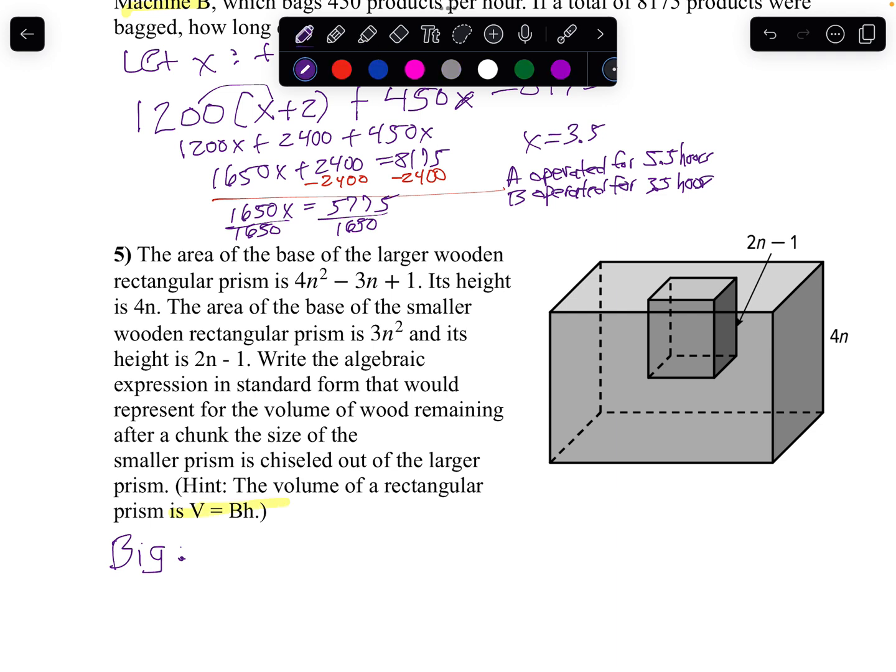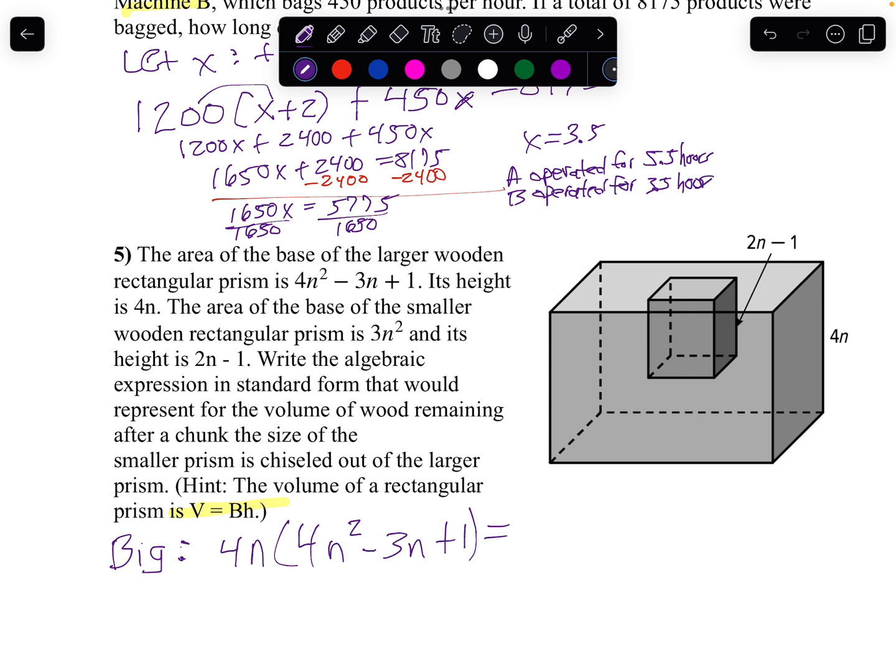It's length times width times height, but they told us the area of the base. So in other words, we know the height is 4n, so I'm going to do height times base because I got a polynomial here for the area of the base. So 4n times 4n squared minus 3n plus 1.